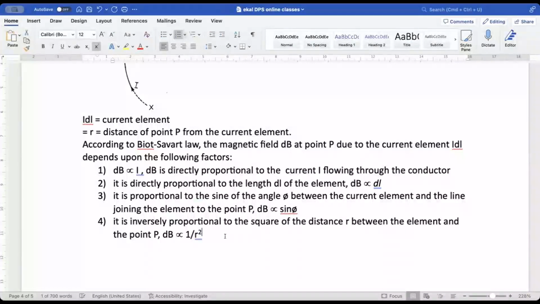Now, combining all these factors, we have dB is proportional to I, that is current, then dl, that's the length element, then sine theta, right, whole upon r square.